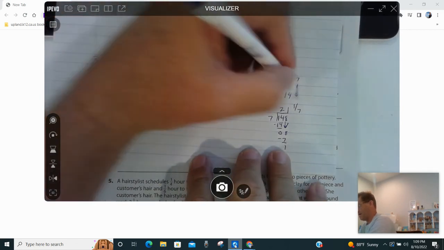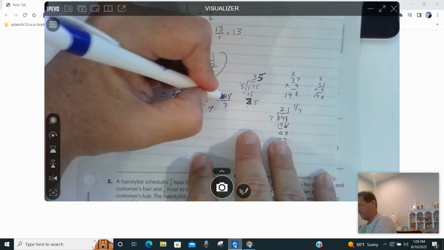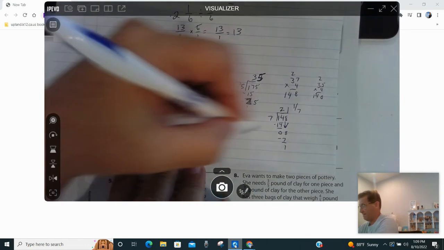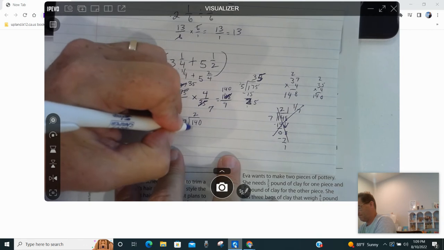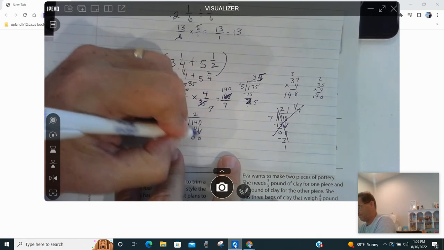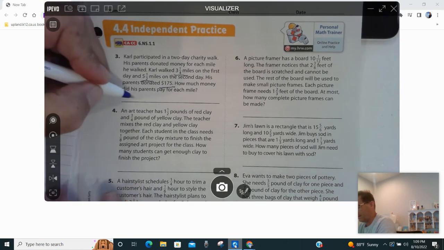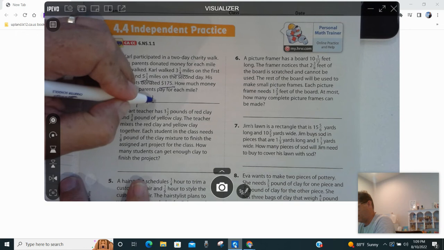So we have 35 times 4, which is 140. 140 divided by 7 is 20. All right, so they paid him $20 per mile.